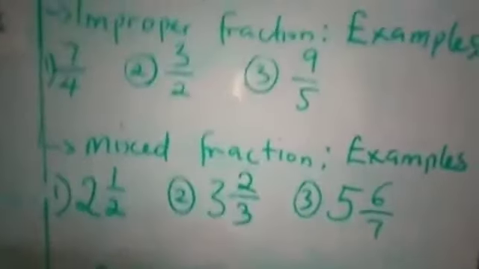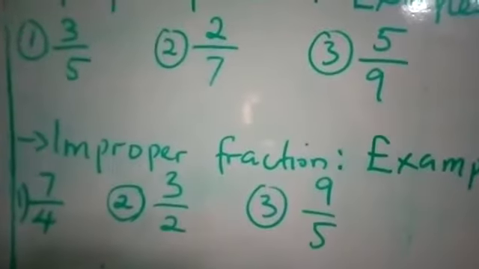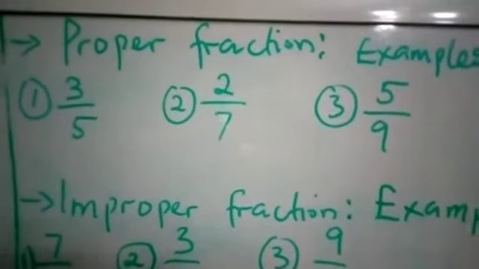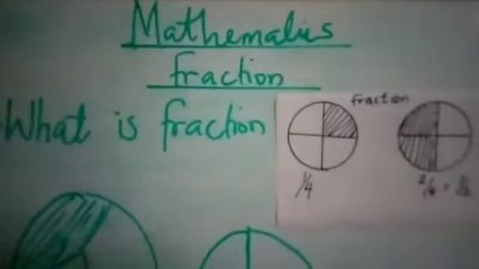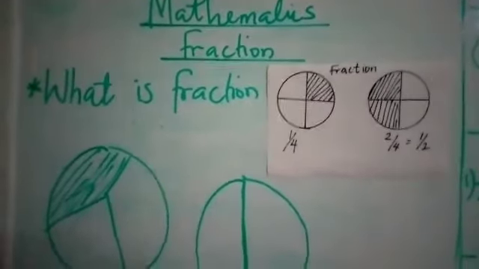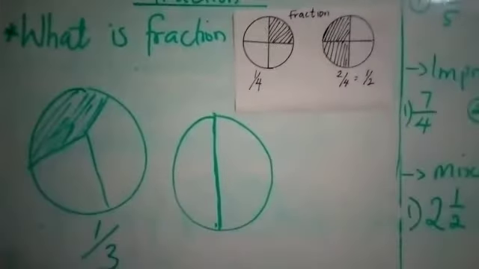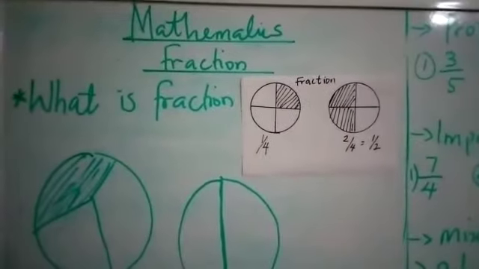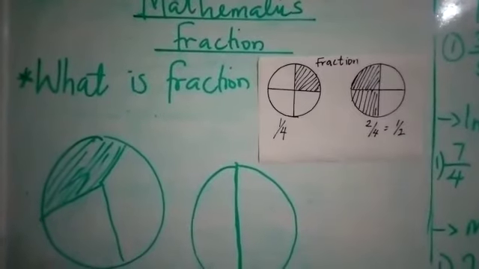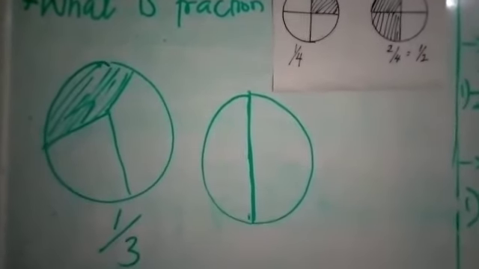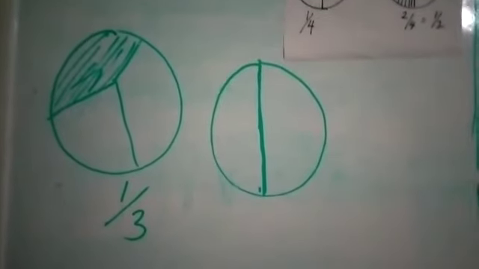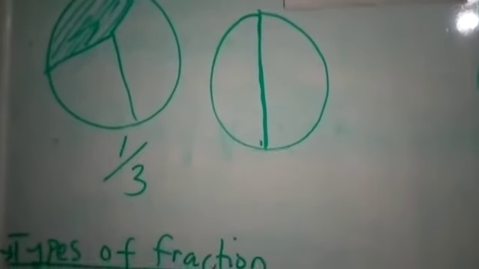We have looked at what is fraction and types of fraction. We said that fraction is a part of a whole. Once a thing is shared or divided, it's a fraction of the whole. We also said that fractions have a numerator and a denominator, and there is a divisor in between.